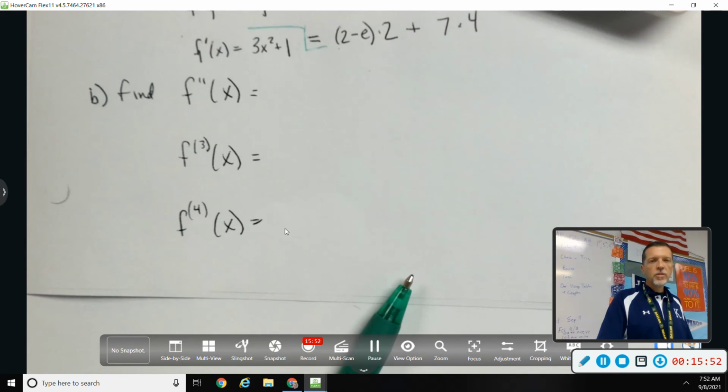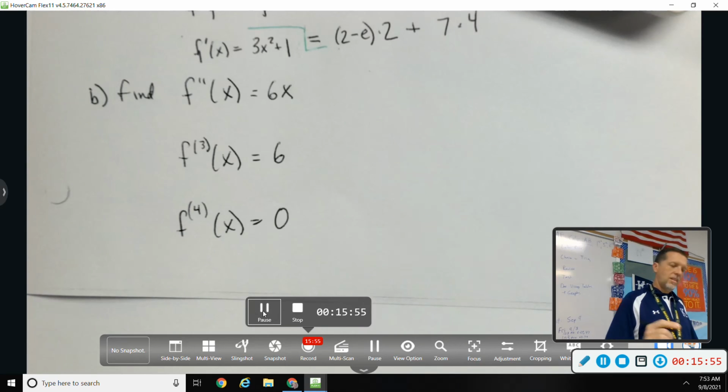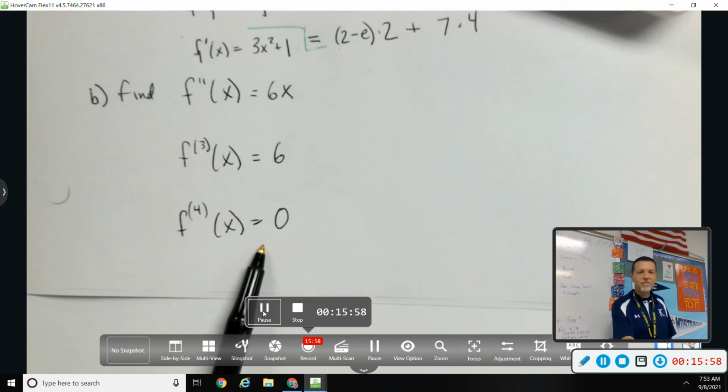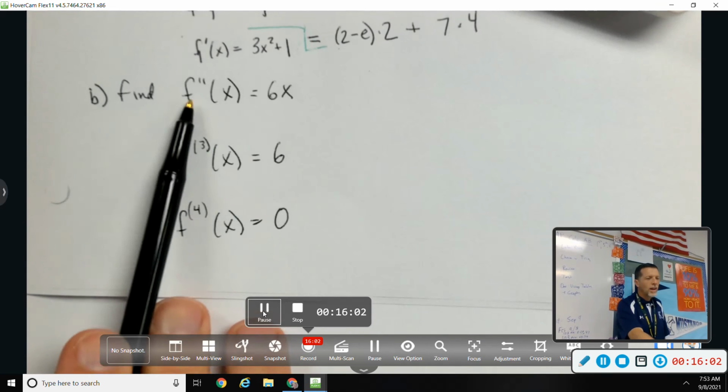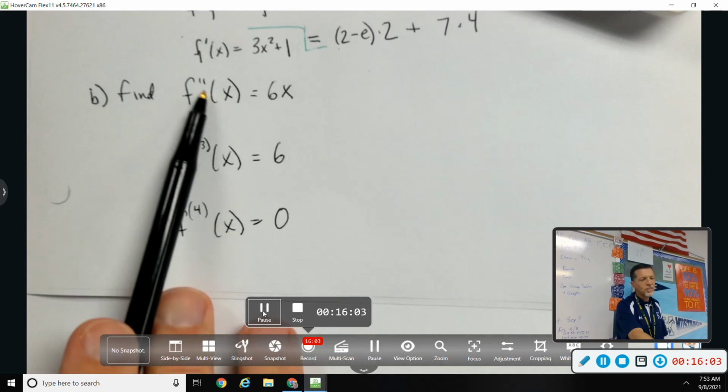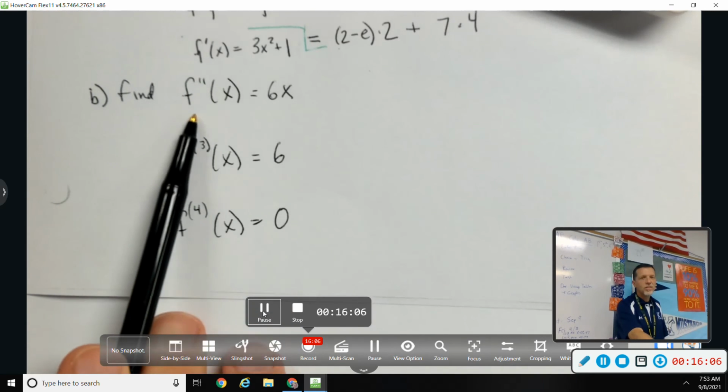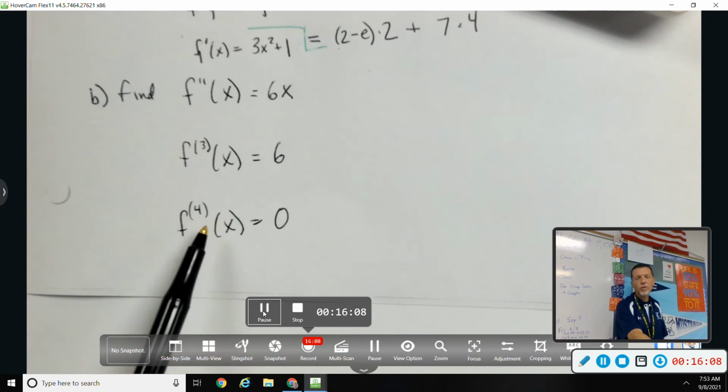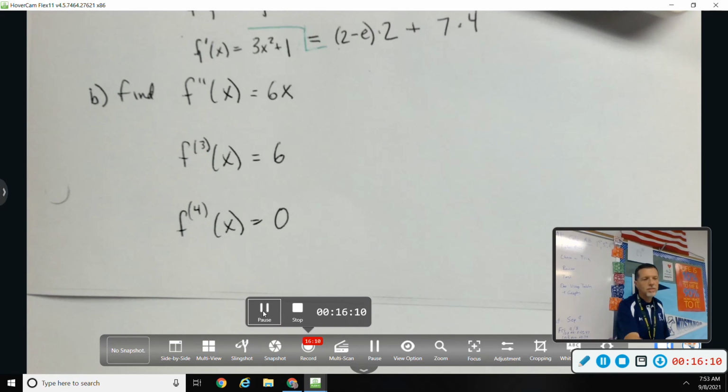So find those real quick and then we'll go over those. And how about every derivative after that, for that matter? 0. So I don't know that we'd seen that notation before. So a 2nd derivative, a 3rd derivative, a 4th derivative, and so on. All right, test-inspired warm-ups. So definitely want to make note of those.